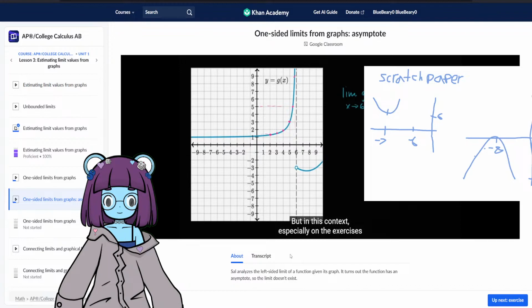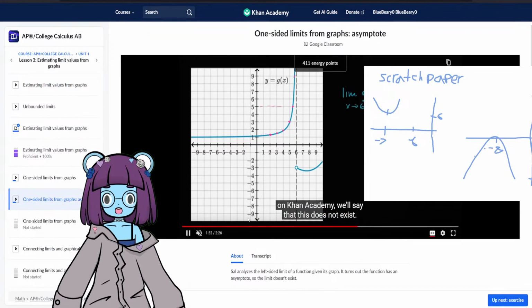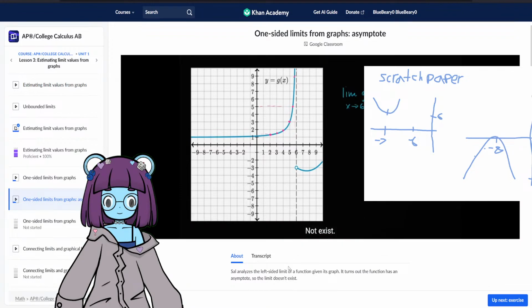Okay, so it does approach infinity from the left because it just swoops up. Oh, it does not exist. Okay.